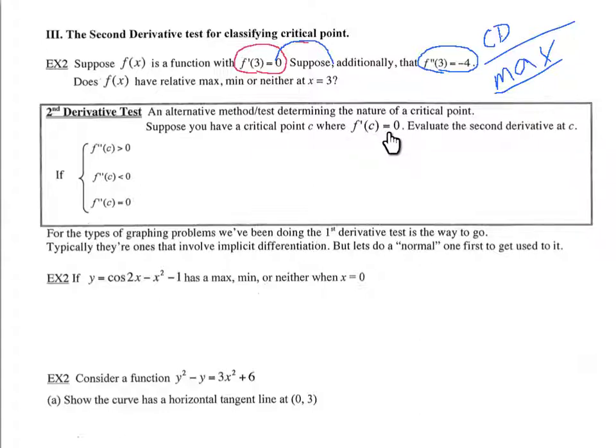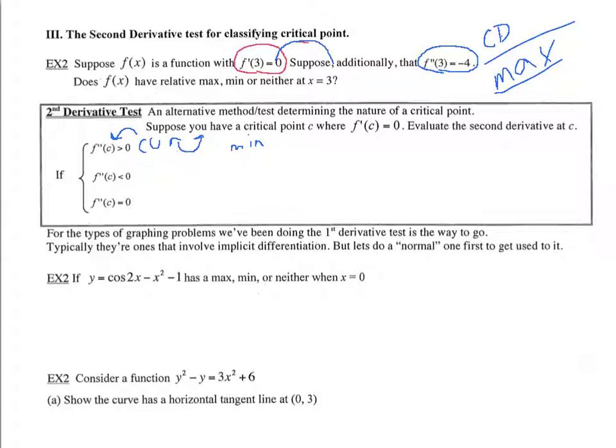If the first derivative is 0 and the second derivative is greater than 0, that means we are concave up, so it must look like this, and that means that we have a min.